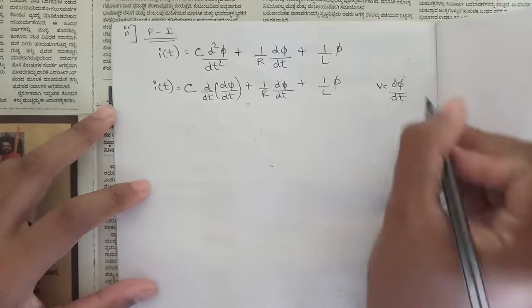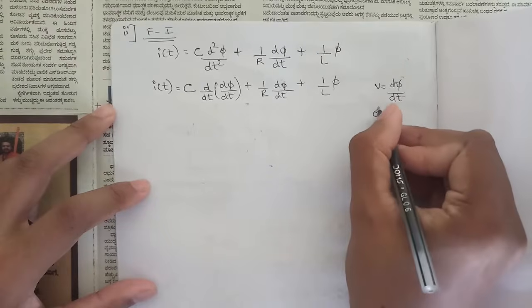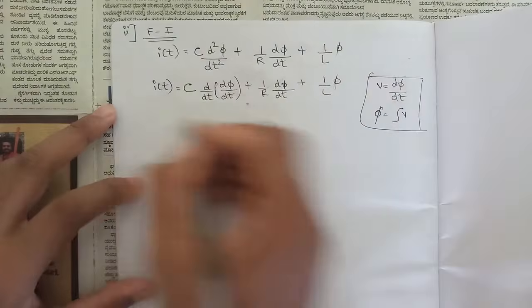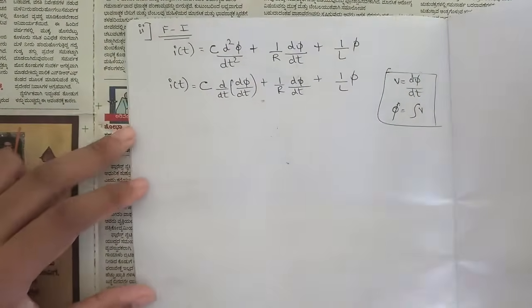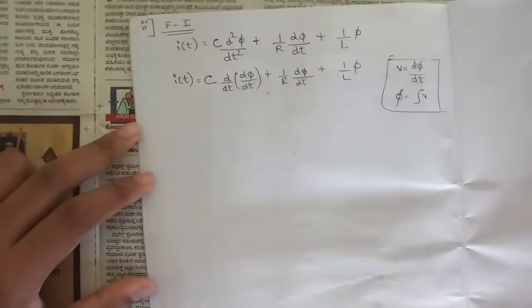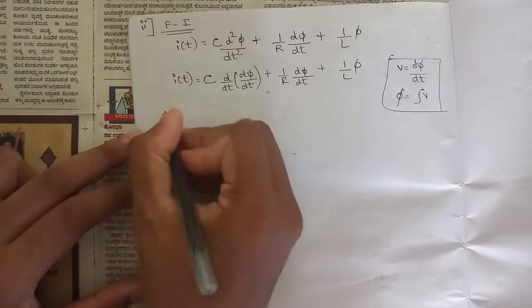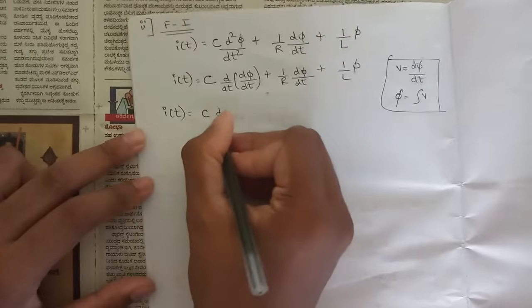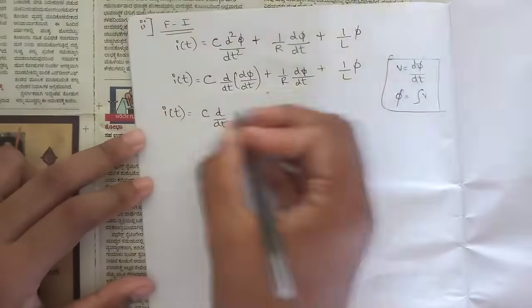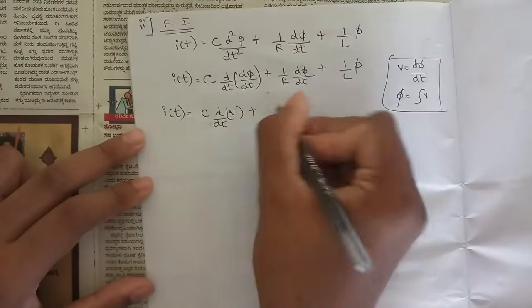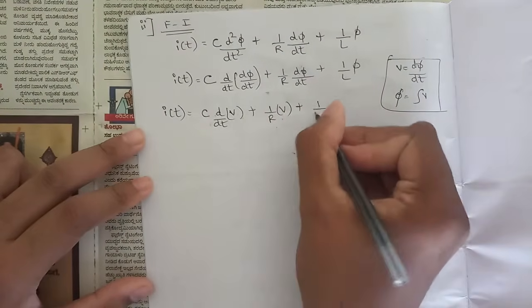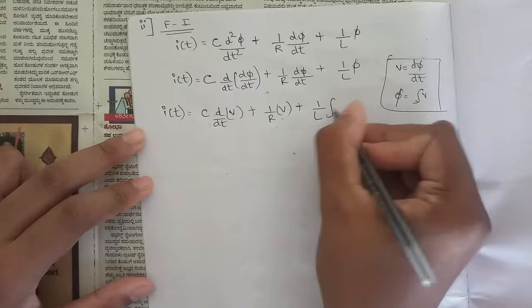In case of FI Analogy, we can also write phi is equal to integration of V. So these two things we are going to substitute in the above equation, as we did for FV, same way. I of t is equal to C into d by dt of V, plus 1 by R into V again, plus 1 by L into integration of V.